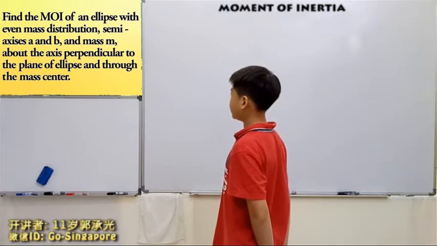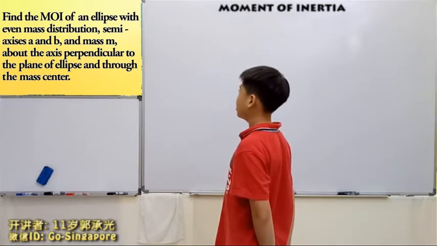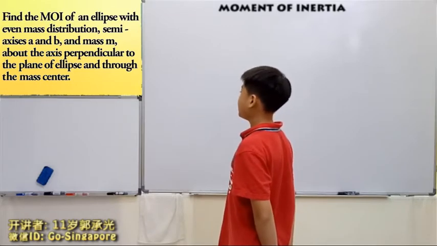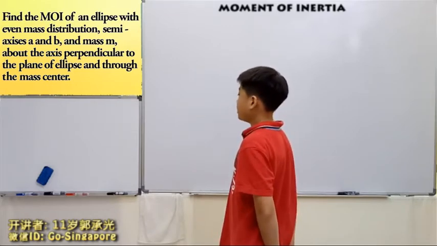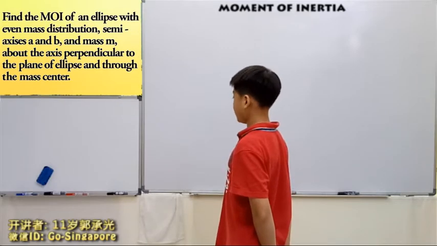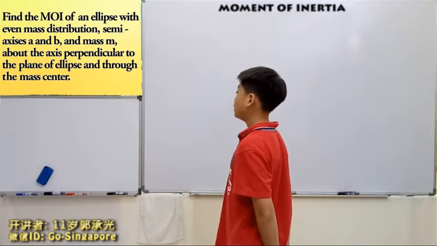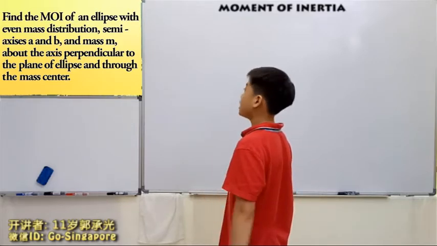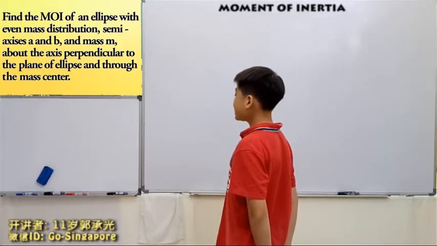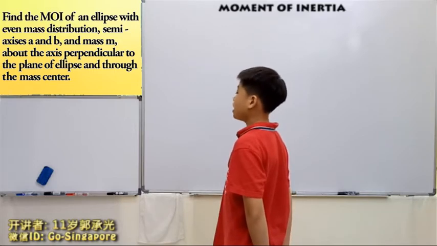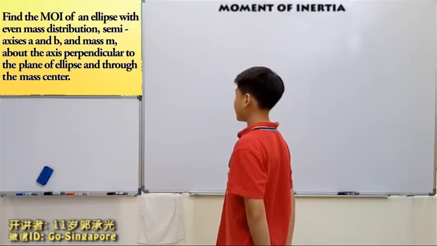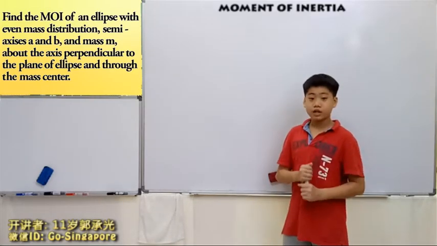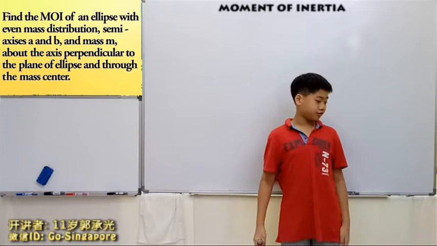In this question, we have to find the moment of inertia of an ellipse with even mass distribution, semi-axes A and B, and mass M. This ellipse rotates about an axis perpendicular to the plane of the ellipse and through the mass center. For these types of questions, the first thing is to draw the graph.